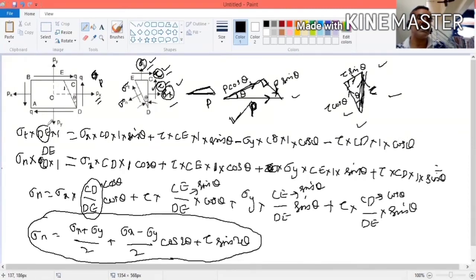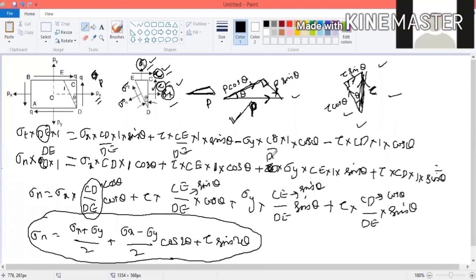D is on the left side. You divide the equation by D. So CD by D, you know, is cos theta. CE by D is sin theta. CD by D is cos theta. You put these in, then manipulate.